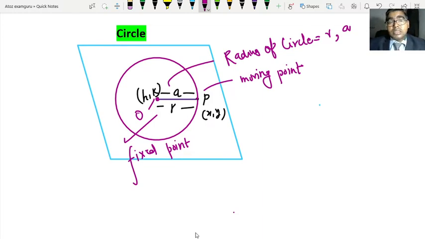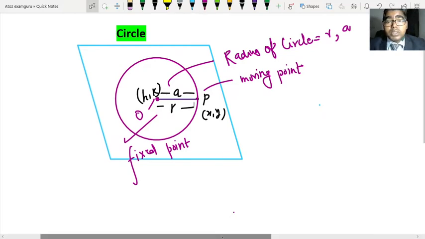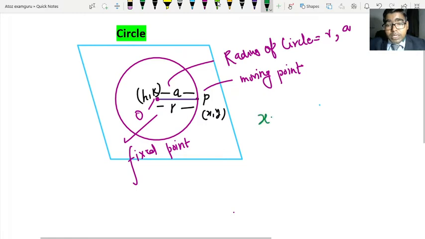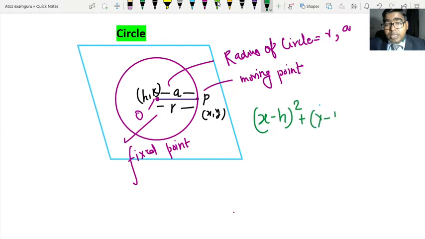So let us see the general equation of the circle. The general equation of the circle is x minus h whole square plus y minus k whole square equal to r square, or you can denote it by a square, whichever notation you like, there is no difference.